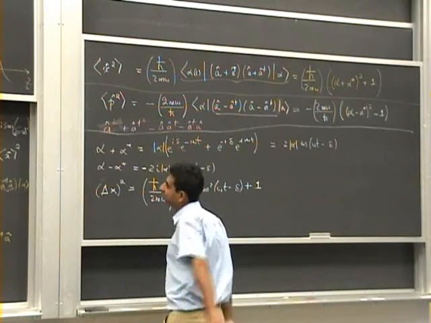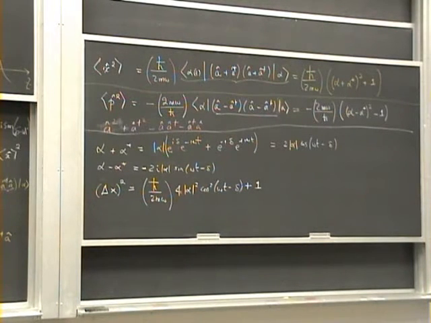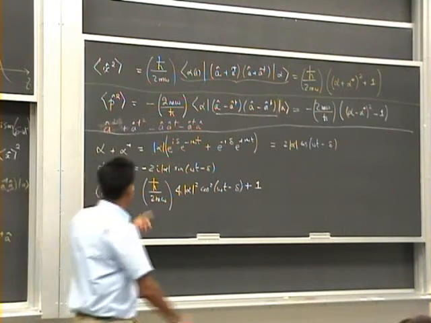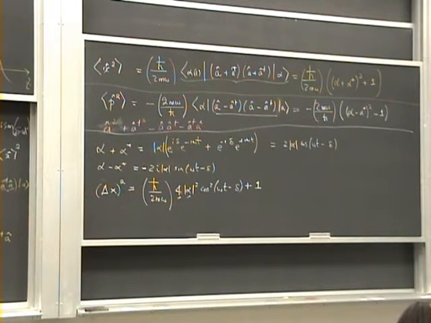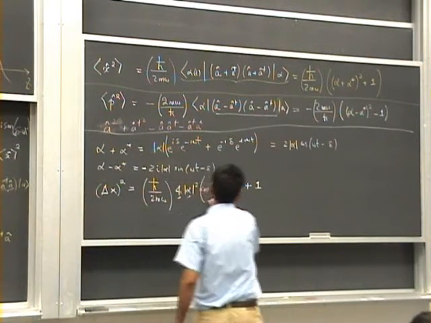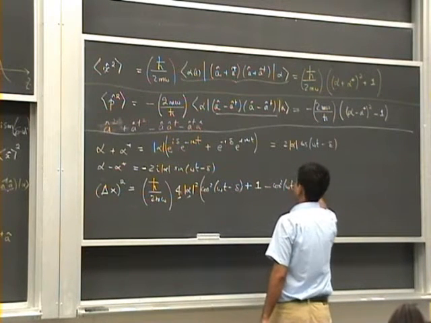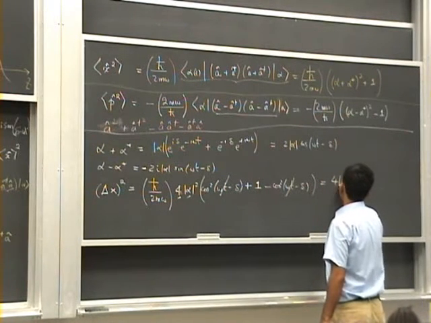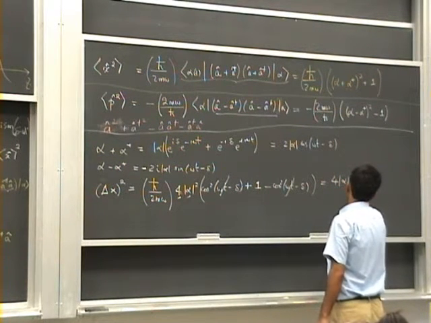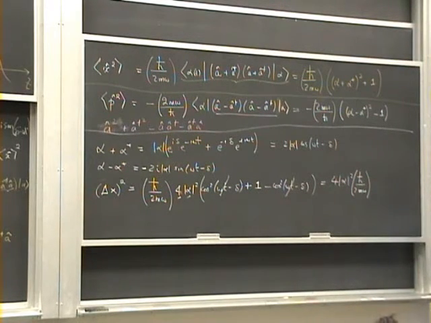And from this I subtract the square of the expectation value of x, which is given here. So h bar over 2m omega, 4 alpha square comes out from here, minus cosine square omega t minus delta. This goes away. I'm left with 4 alpha modulus squared h bar over 2m omega. So this is the square of the uncertainty in the position variable.